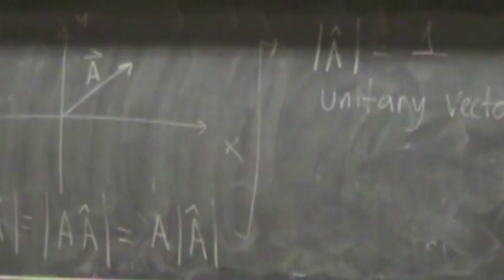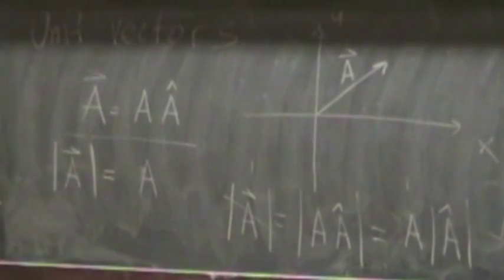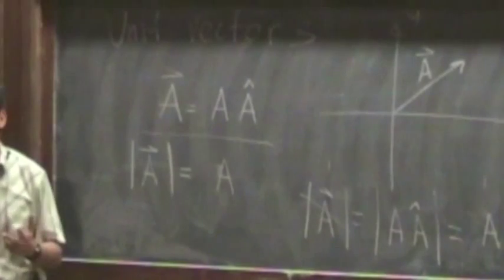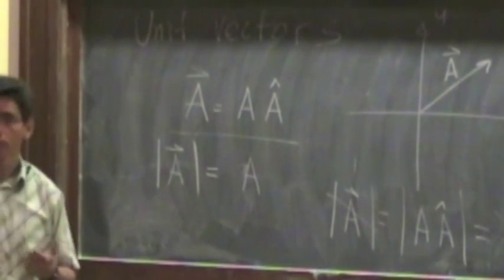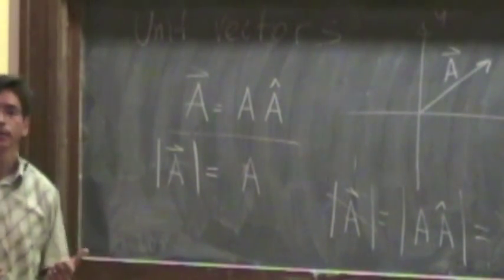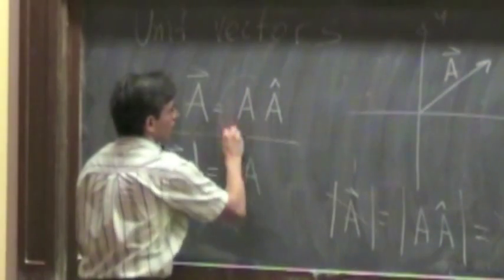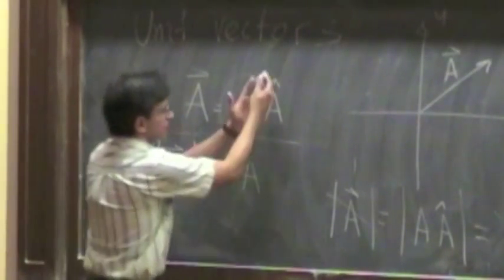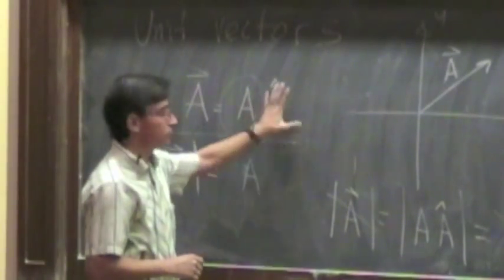So by writing a vector A this way, you decompose the two important properties of a vector, and you've written them separately. What are the two important things of a vector? A vector has a magnitude, which answers the question how long, how strong, and a vector has a direction. The magnitude, I have already placed here. A hat doesn't have any information about how big the vector is because any unitary vector has magnitude 1.